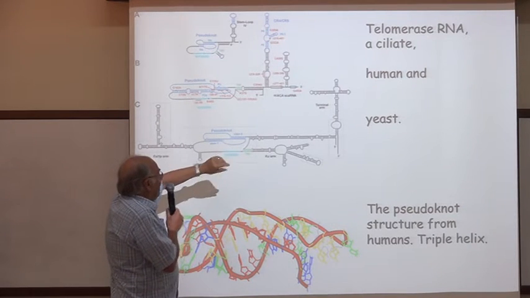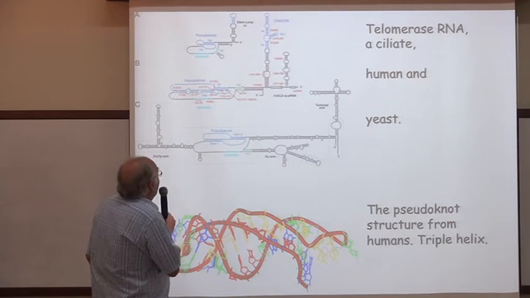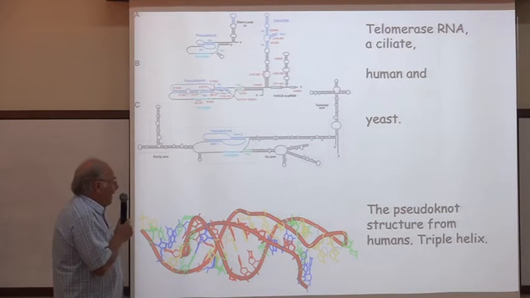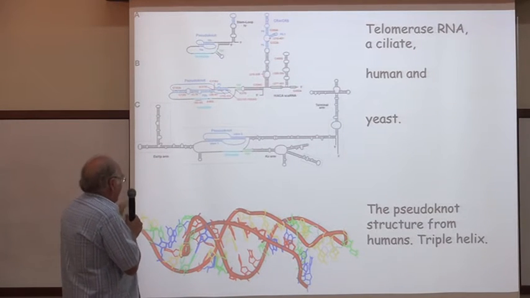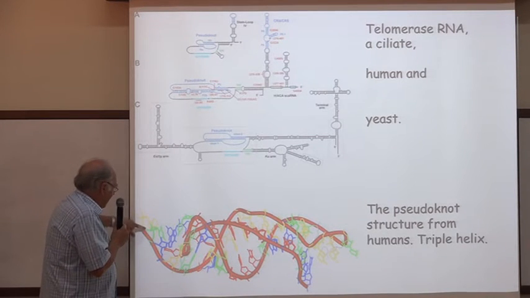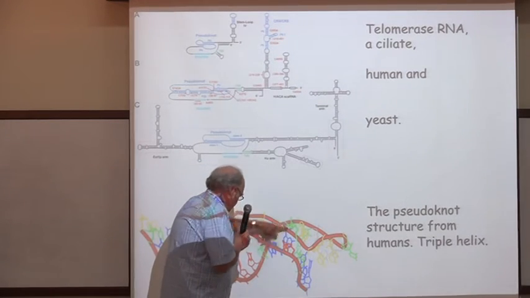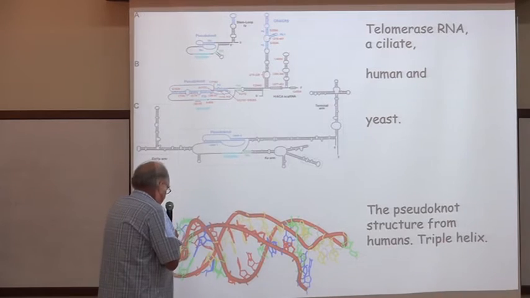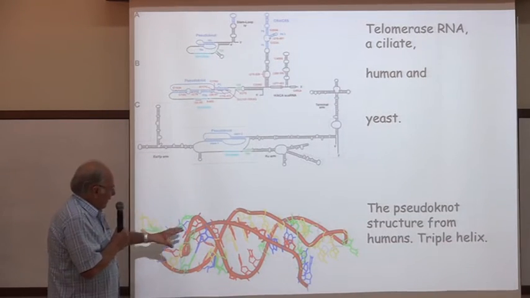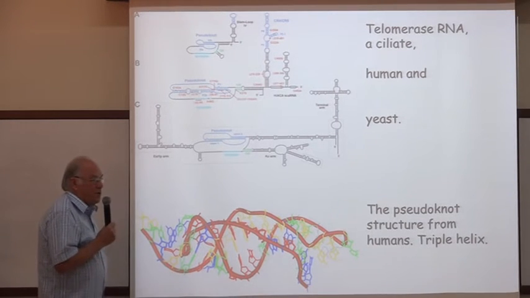And yeast has a very large and complicated structure. Humans, not so complicated, and the ciliate is quite simple. And in this structure, there's something called a pseudoknot piece of the RNA, which is a very complicated structure. It goes this way over to this end, then comes back and makes, in most places, a triple-stranded arrangement. So this is called a pseudoknot.